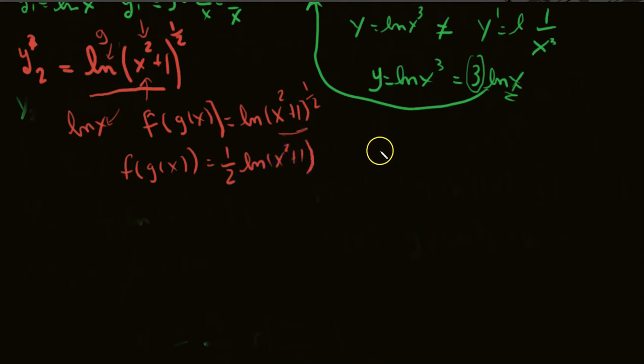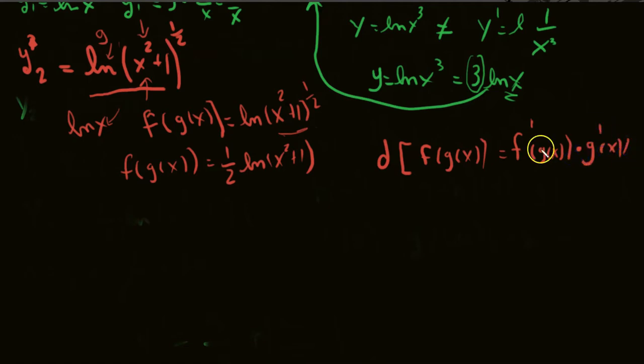So the derivative of a composite function, function inside a function, is equal to the derivative of the first function, and you leave the inside function alone, and you multiply it by the derivative of the inside function. So in this case, the derivative of our f of g of x, and this is a constant, you can leave it out front. The derivative of the first function, ln of x, is 1 over x.